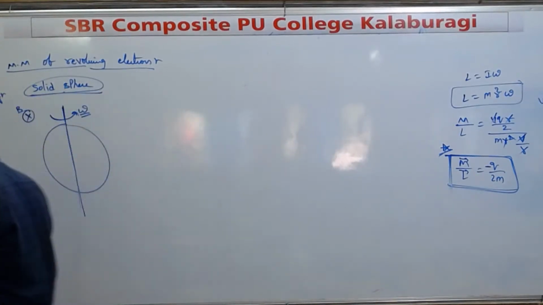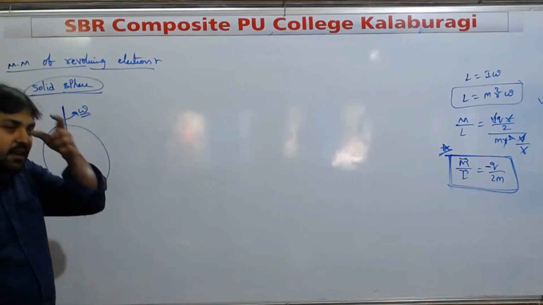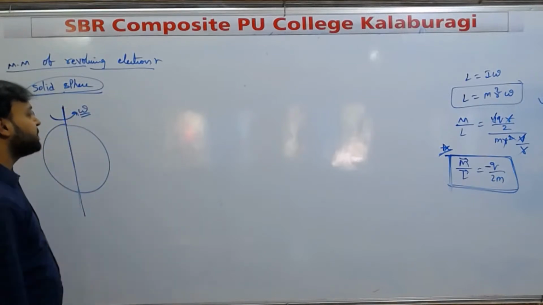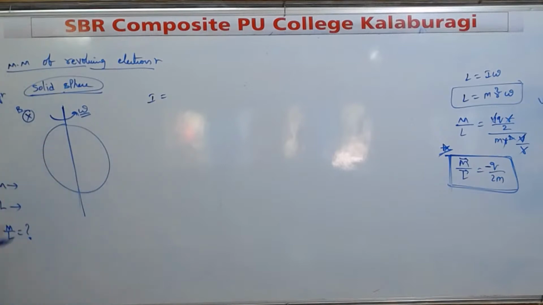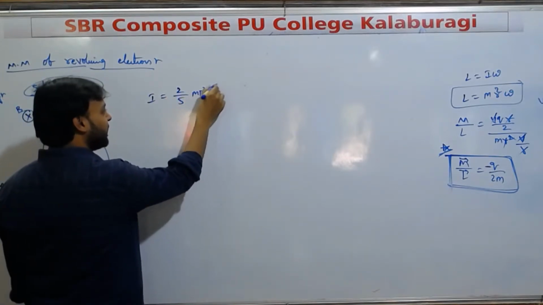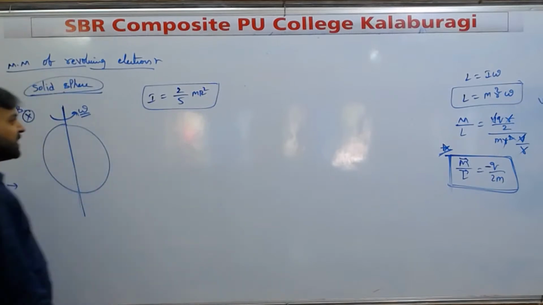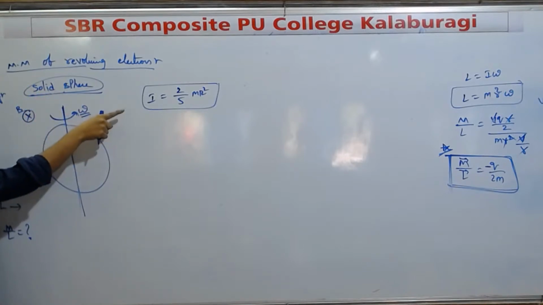What is moment of inertia of a solid sphere? Remember? I, which is equal to, I think, my section students, I said something to remember: 1, 2, 3, 4, 5. Solid, 1, 2, 3, 4, 5 in the denominator.